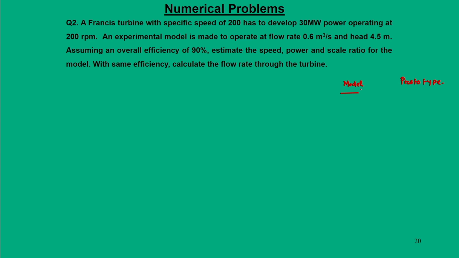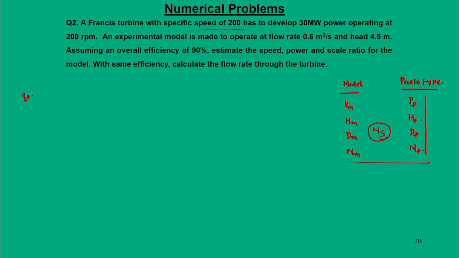So, the parameters associated for model we write power Pm, Pp, head Hm, Hp, diameter Dm, Dp, speed Nm, Np. Okay. Now, you will use this. So, the first thing is that what remains same for both is Ns. Specific speed is same for both of them.